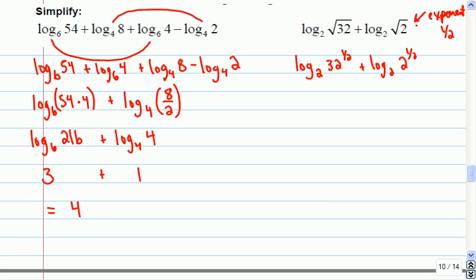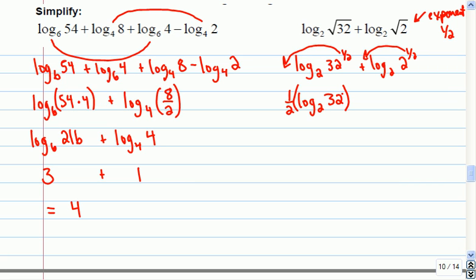Okay. Now we just talked about this law, so it should be hopefully fresh in your memory, but maybe you're not quite as confident working with it yet. But this is the law that says we can move the exponential to the front of the log. So this would be 1/2 log base 2 of 32.